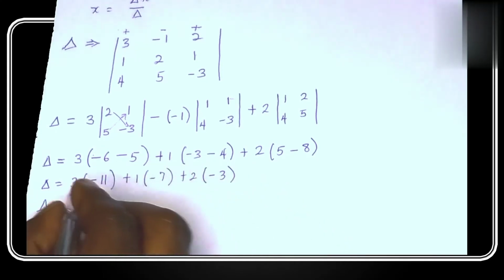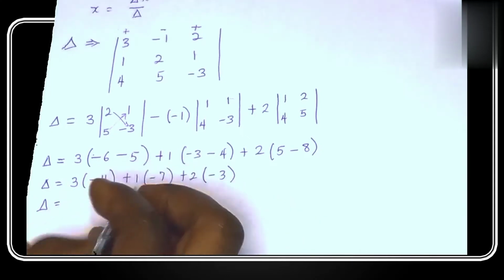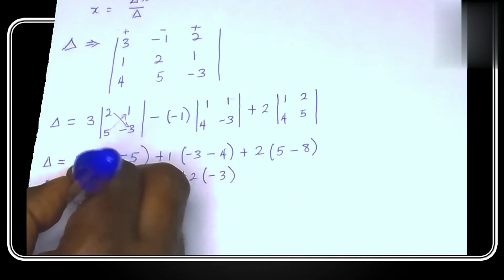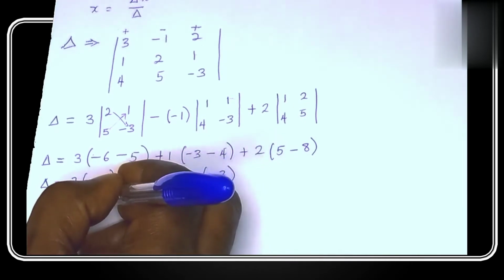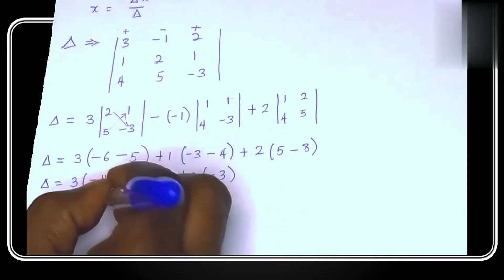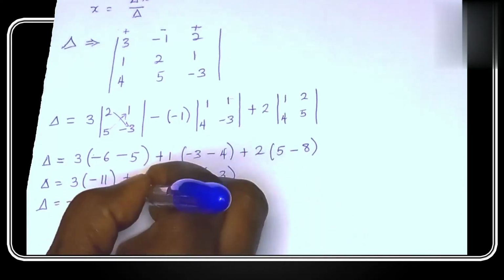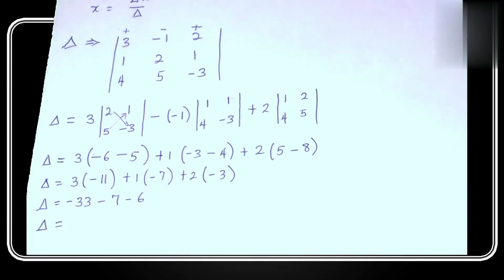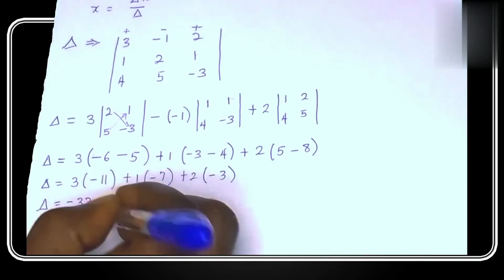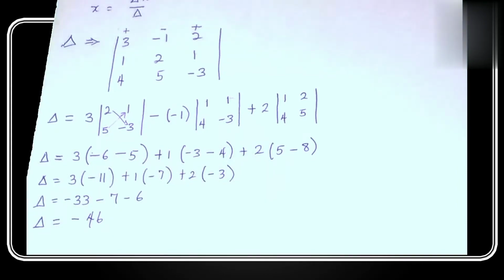To expand each bracket, you just multiply with the item standing outside. So 3 times minus 11 will give us minus 33. 1 times minus 7 will give us minus 7. And 2 times minus 3 will give us minus 6. Then change, or delta, equals minus 46. Now we have found out the value for delta.